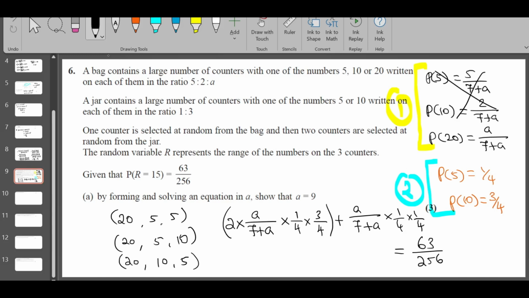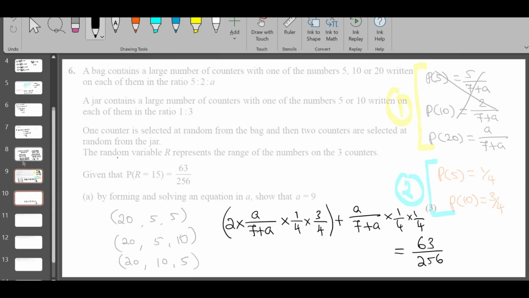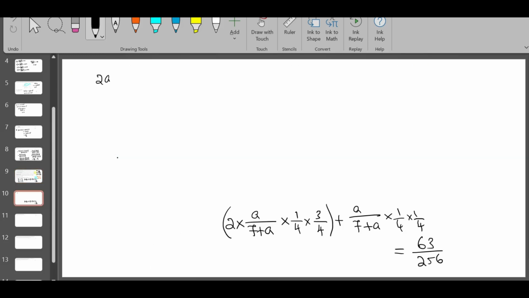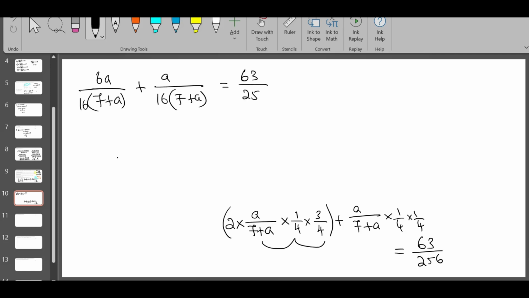Now we are going to make A the subject. So you can write it as 2A over 7 plus A times, 2 times 3, 6A over 16 times 7 plus A. When you multiply all the numbers in the denominator, plus A over 16 times 7 plus A is equal to 63 over 256.